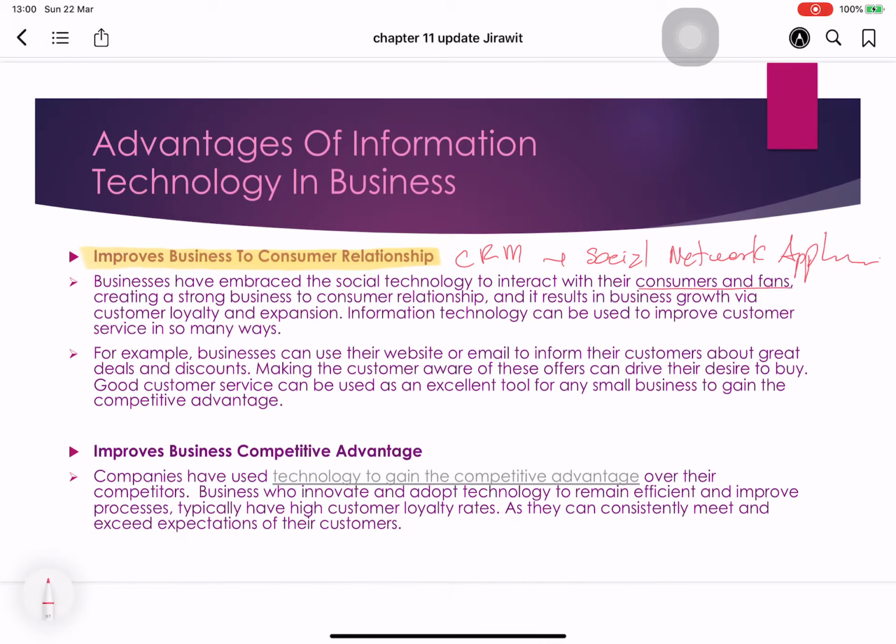We can share experience, build the relationship between customer and fan club, or create a strong business to customer relationship. And IT can be used to improve customer service in many ways. Example, the website, email, and social network. Okay.